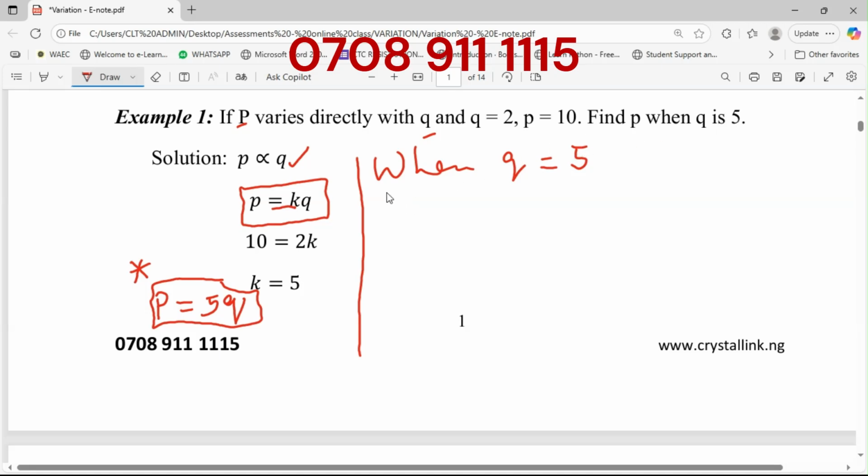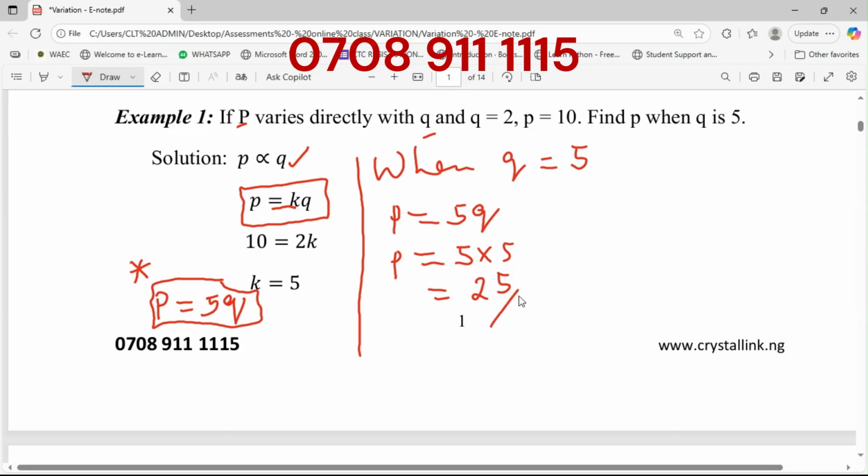We should find P when Q equals 5. But the formula says P equals 5 times Q. So in essence, when Q is 5, P will be equal to 5 times 5. And of course, that will give us 25.